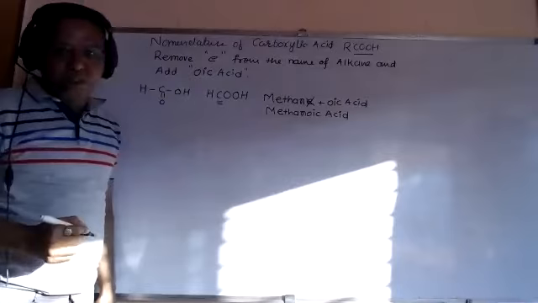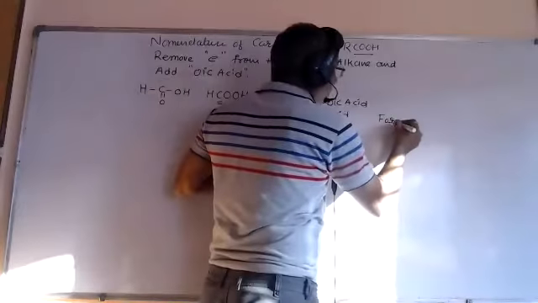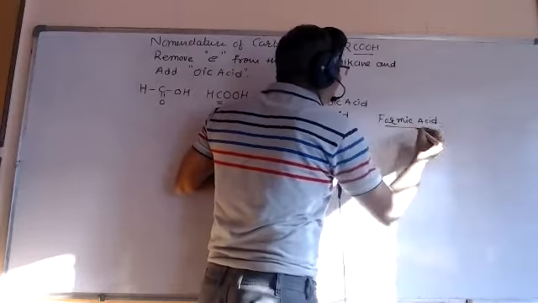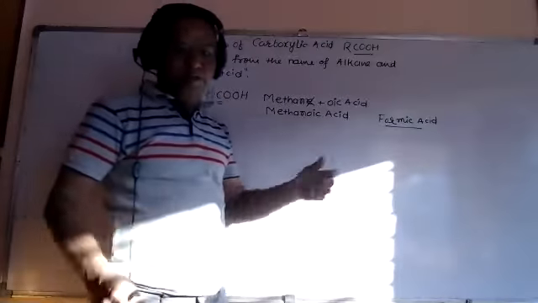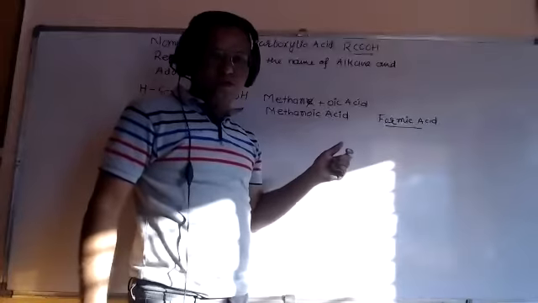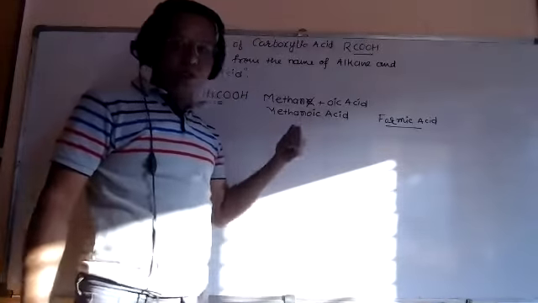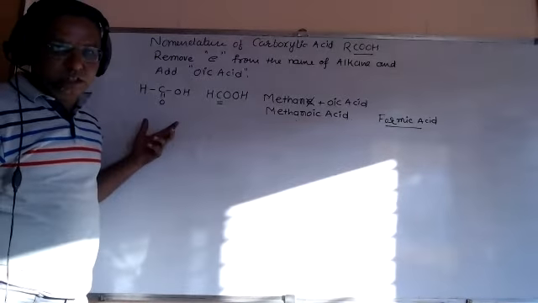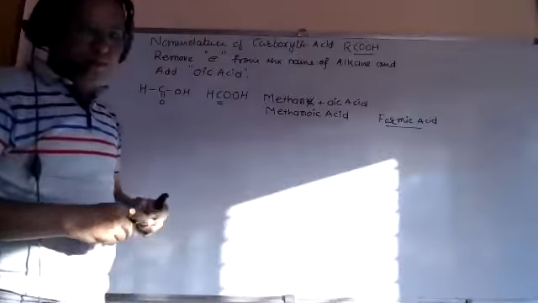Its IUPAC name is methanoic acid. And formic acid is a common name. It is from the Latin word formica. Formica is used for ant, right? And this acid was obtained first from formica, means ant, and that's why it is known as formic acid.